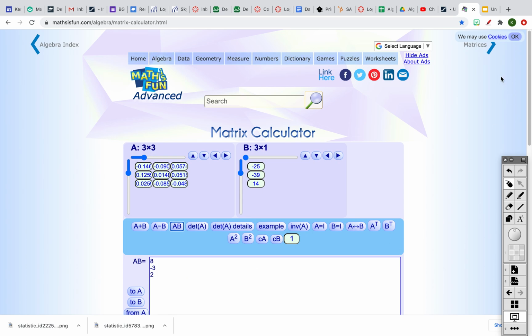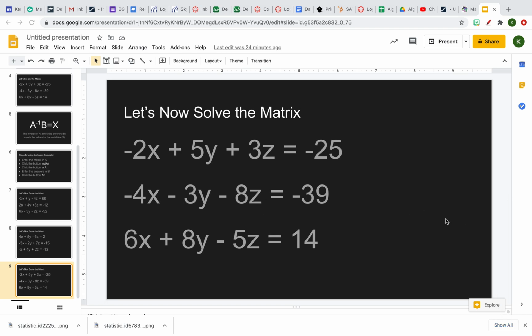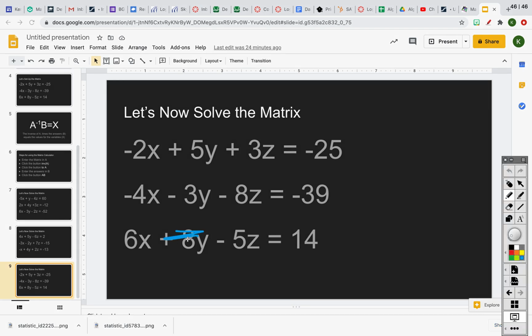One thing I want to make note of. Let's say that there's no 8 here. Because it's in the y position, you have to remember that the 0 would go in the center for y. So it would be 6, 0, negative 5.